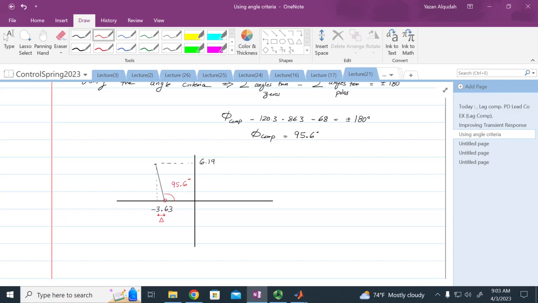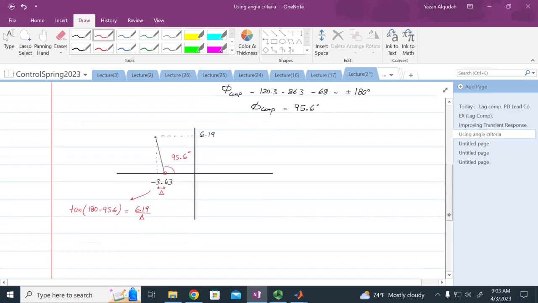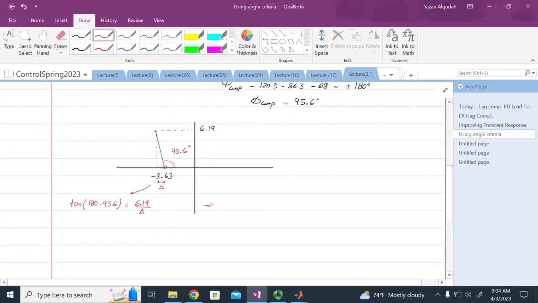The tangent of it equals this distance, which I know, divided by delta. And therefore this gives me delta equal to 0.6.